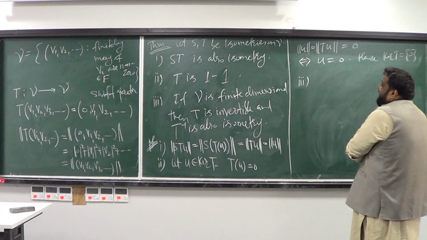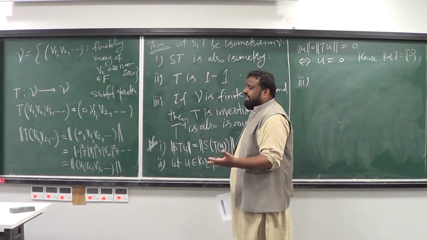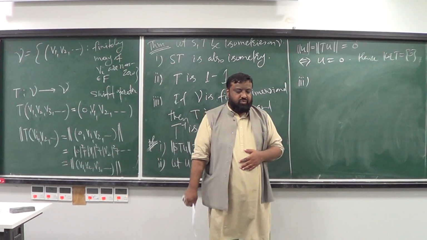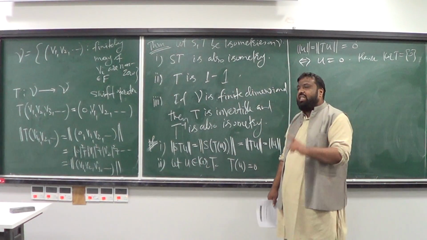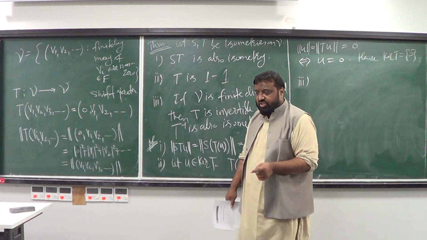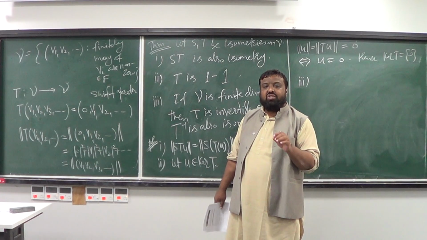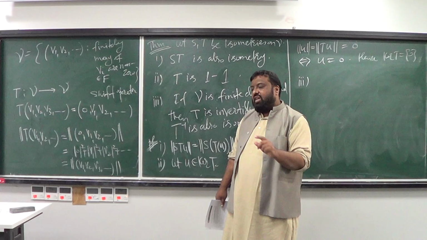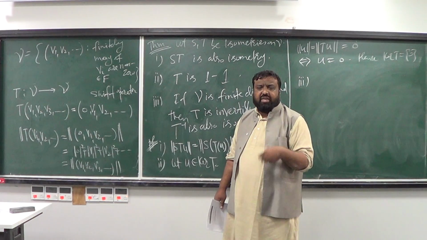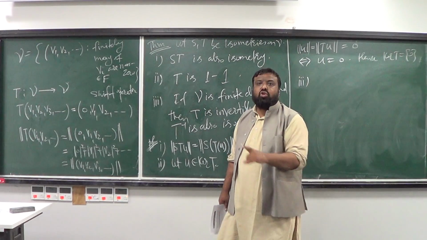You might also remember a property, and if not, think about it for yourself: if you have a linear transformation that is 1-1 on a finite dimensional vector space, then that linear transformation must also be onto.